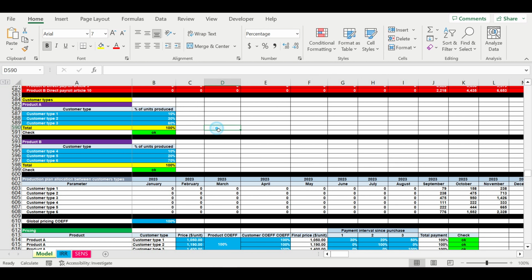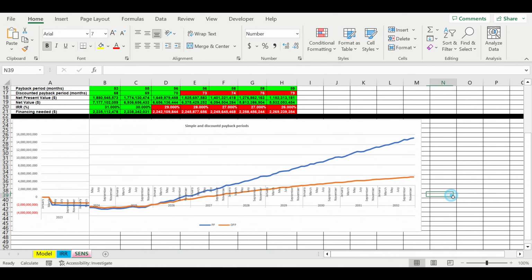And we can go to the sensitivity analysis tab and see what the result will be.